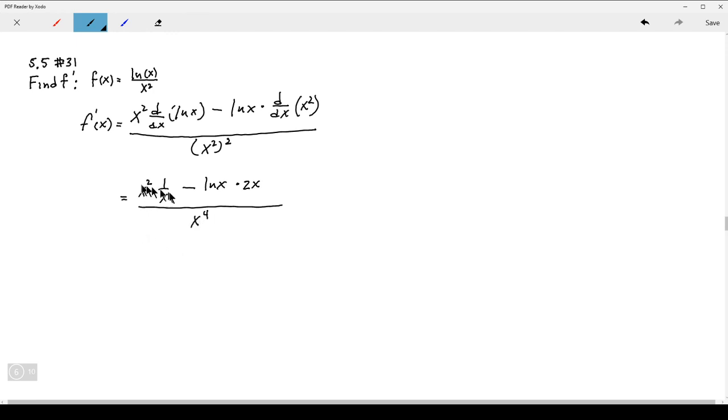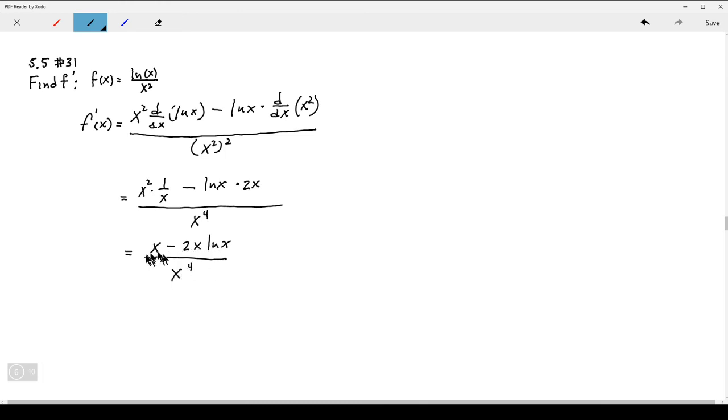All right, now I can simplify in here. X squared over x is x. So that's going to be x minus, I'm going to put the 2x in front, 2x ln of x all over x to the 4th.